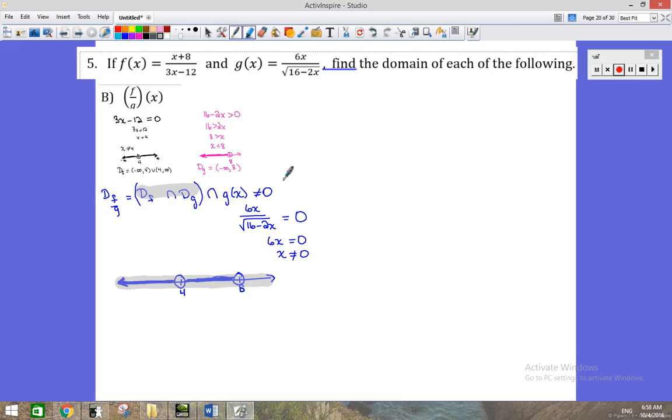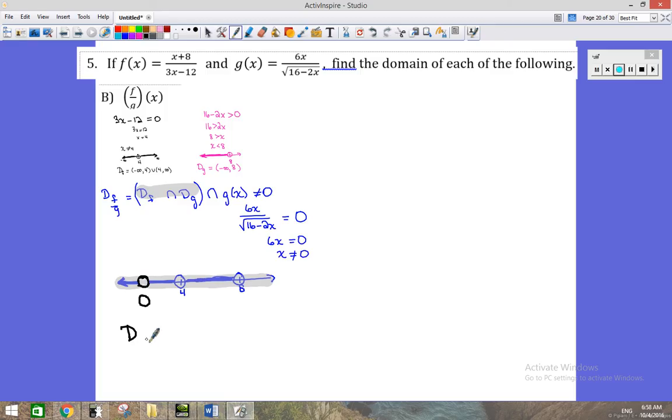Well, we need to find 0 on this. 0 is less than 4. And we need to exclude that 0. So we do not want 0 in this set.